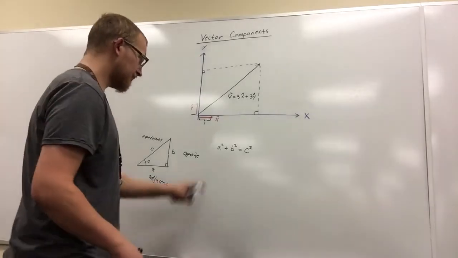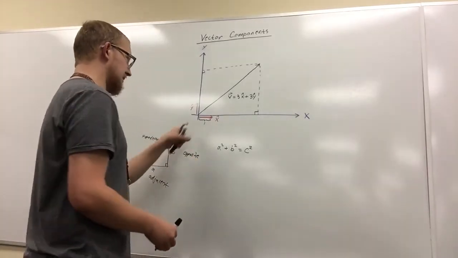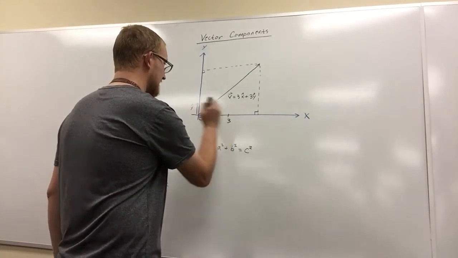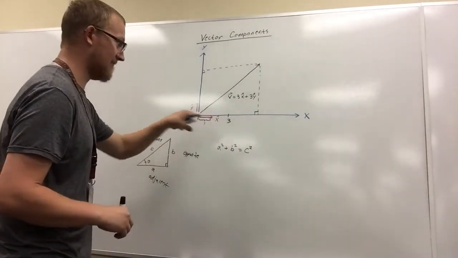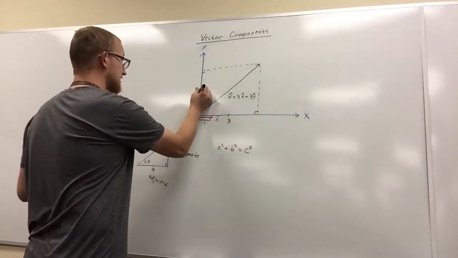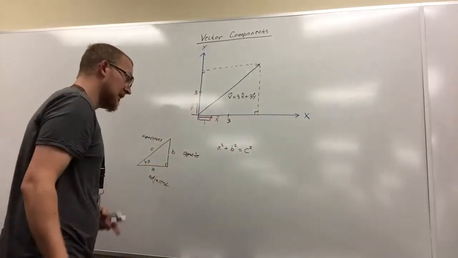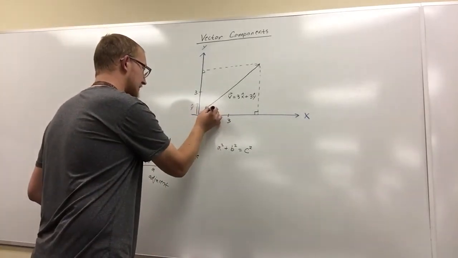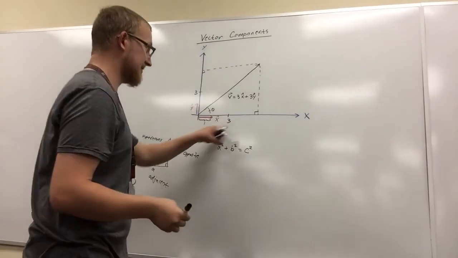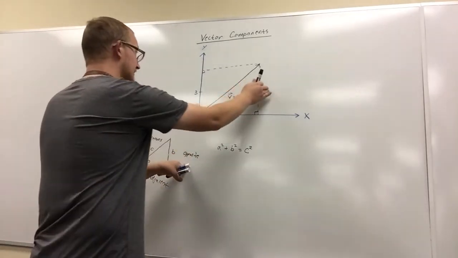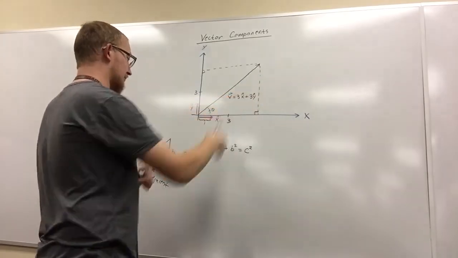And so you may notice here that we decided that the length of this leg was 3 x hat vector units, 3 units, and then 3 y hat vector units here, so it's 3 and 3. Well, let's put the angle in here, angle theta. This is kind of like the adjacent side of a right triangle, and this side's kind of like the opposite side of a right triangle.